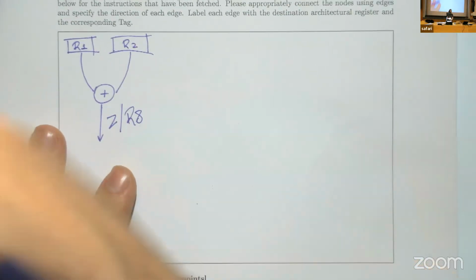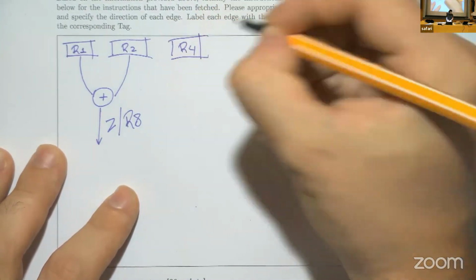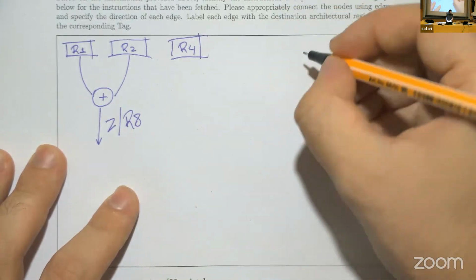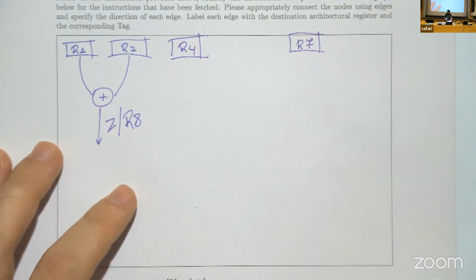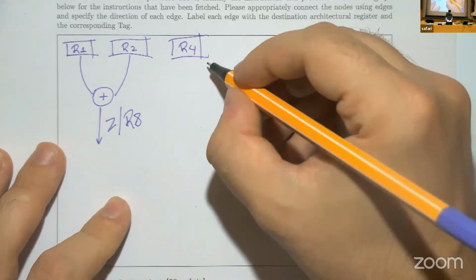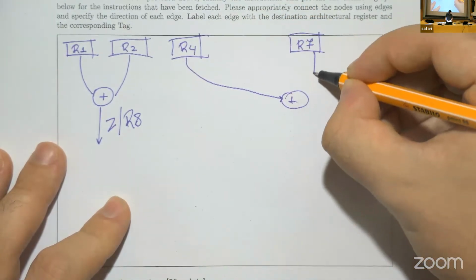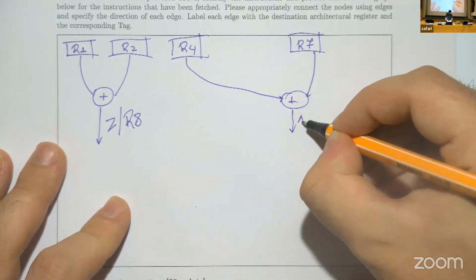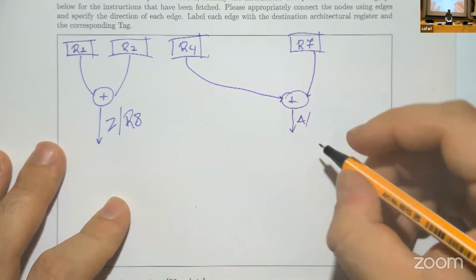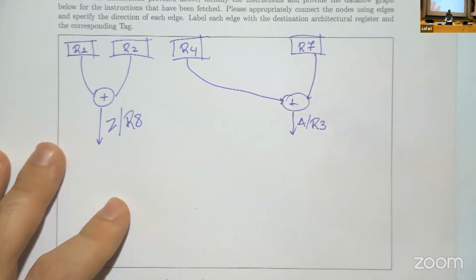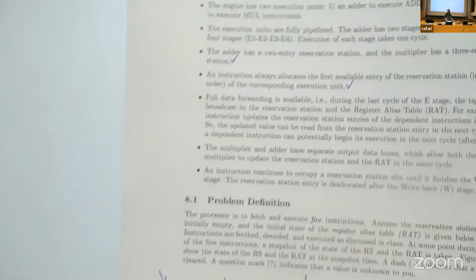So continue with that one in the exam. Let's say that you have here R4. I will leave a gap for a specific reason. Let's keep it R7. And let's do the addition. And here the tag doesn't matter because it's a previous instruction. You can assign the tag in whichever way you want. The result is R3. Okay. Is there any questions up to this point? Okay.